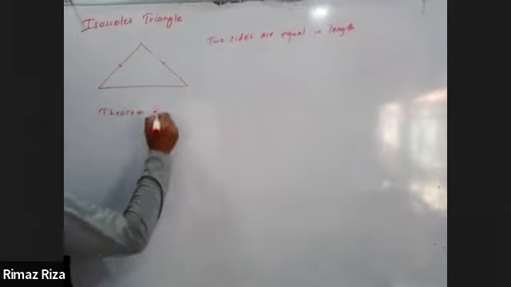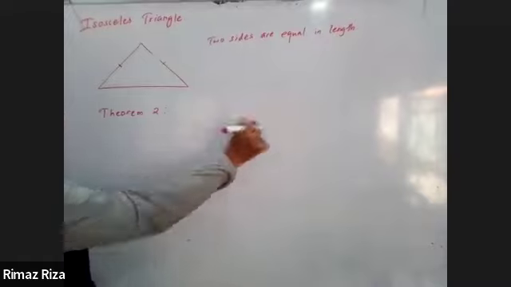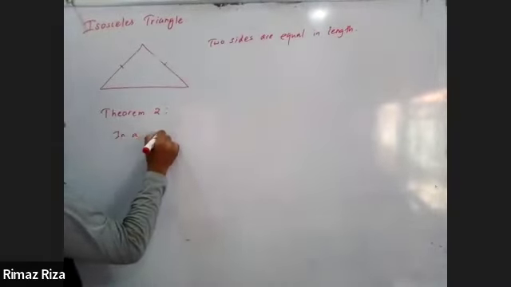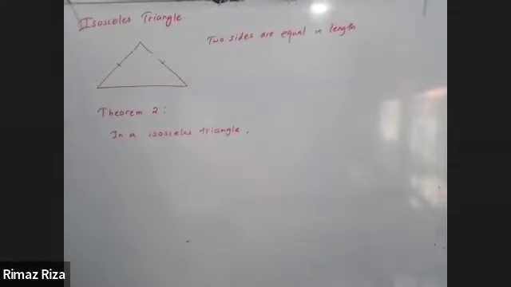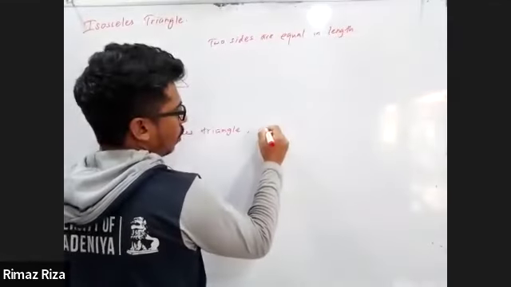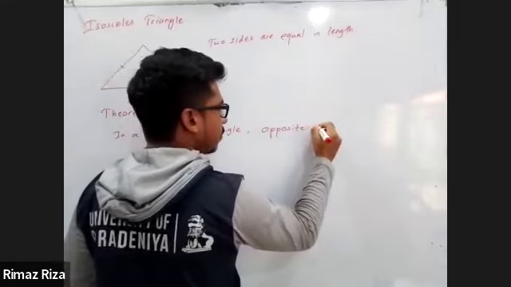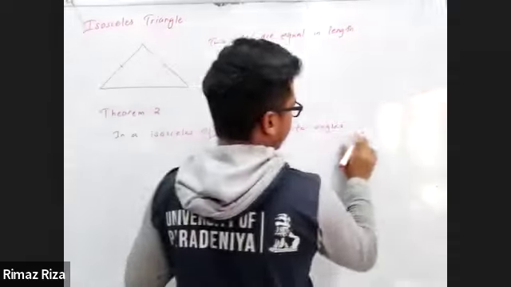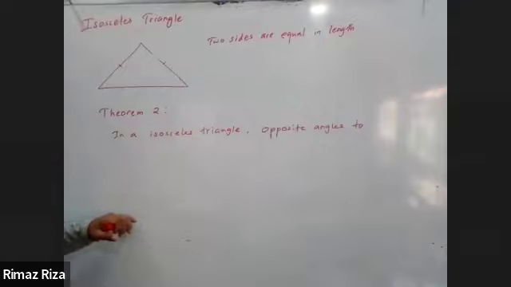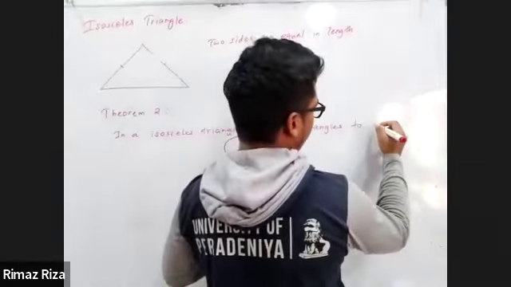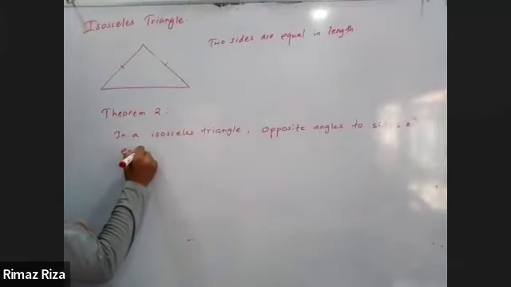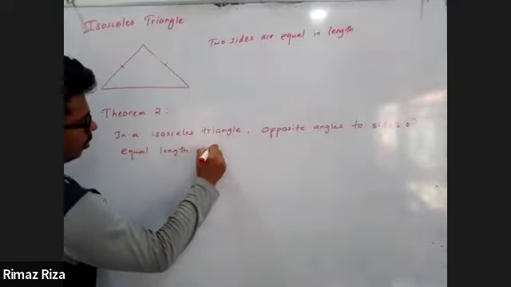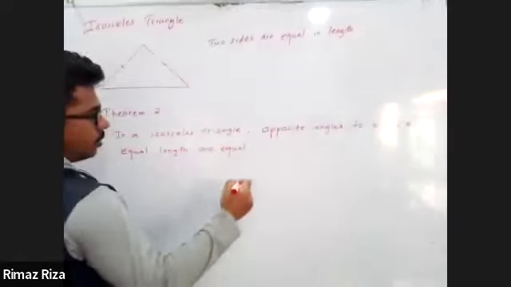So theorem 2: in an isosceles triangle, the angles opposite to sides of equal length are equal to each other.